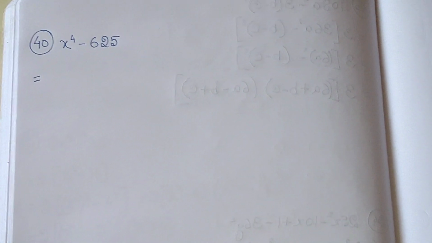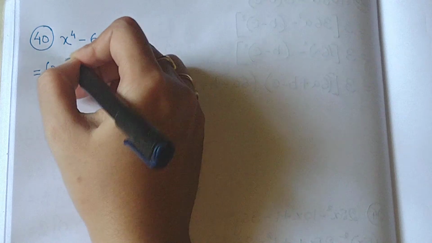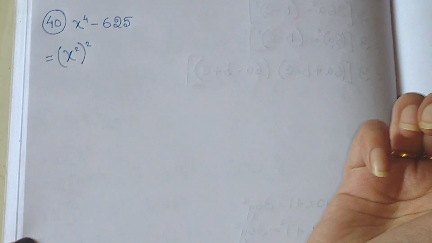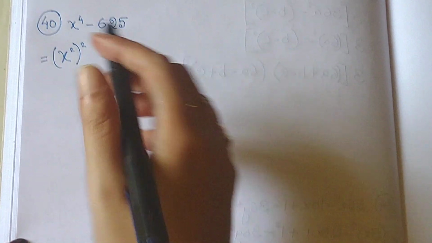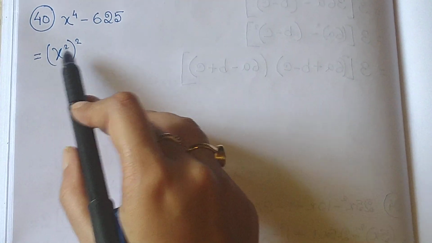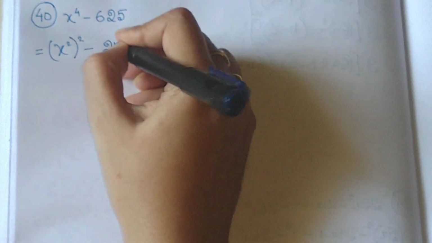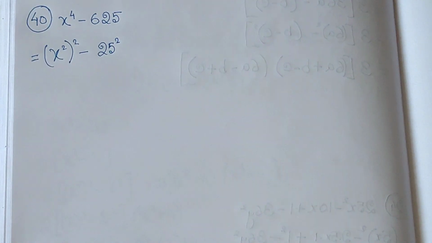So see, x to the power 4 can be reduced to the square form, that is x square whole square, because we have not been introduced to any identity that comprises x to the power 4. So I am writing it in x square whole square format, minus 25 square.